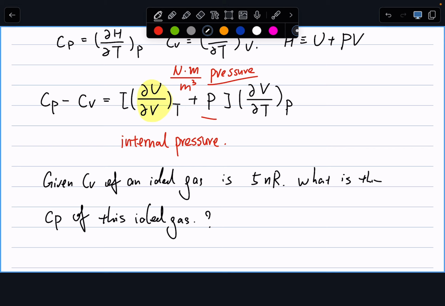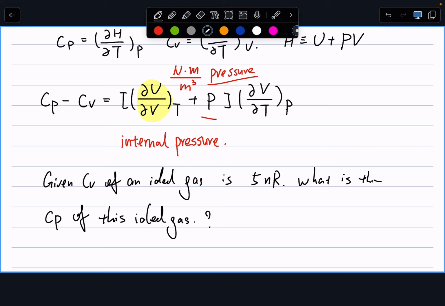First of all, the internal energy, or internal pressure, for an ideal gas is 0. As we were saying, the internal energy of an ideal gas is only dependent on temperature. So this term is 0, so we can cross that out.